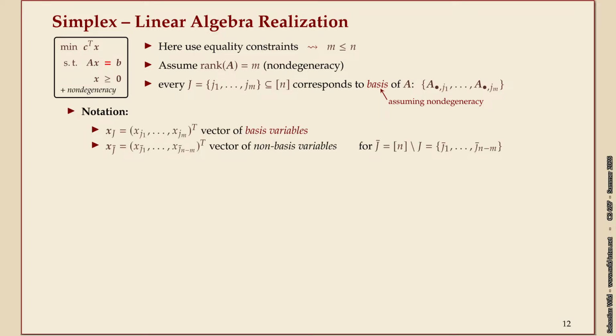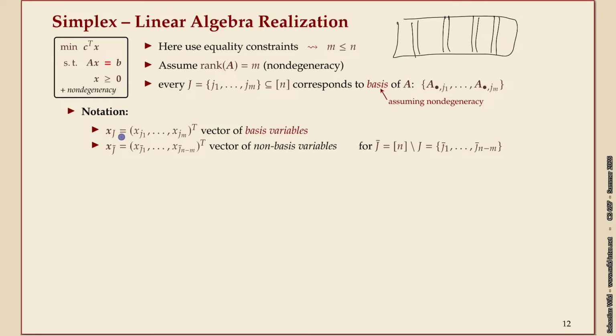Now you can split up your variables. So again, remember, J is a collection of columns, maybe these four. And then you can identify the corresponding variables that would be put on those columns as xj.